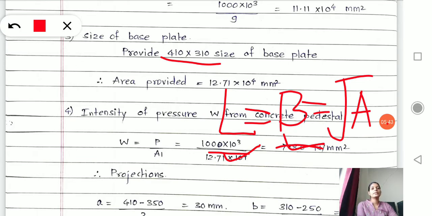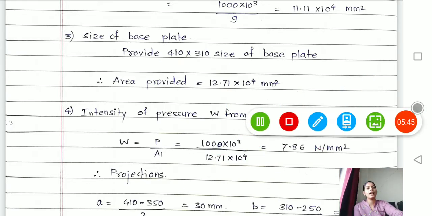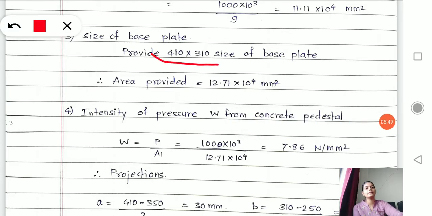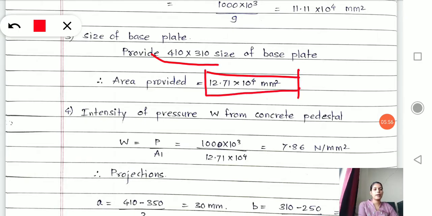Understood? That's how I did it here, and I came to know that a 410 by 310 base plate will provide an area equal to 12.71 into 10 to the power 4 mm square. The area I will provide is 12.71 into 10 to the power 4 mm square.